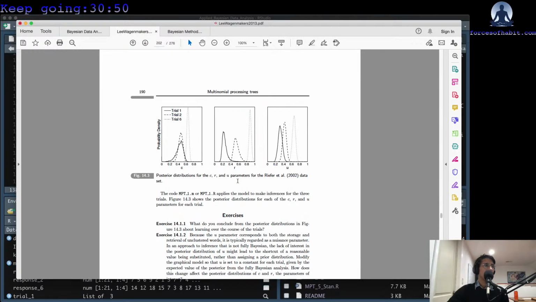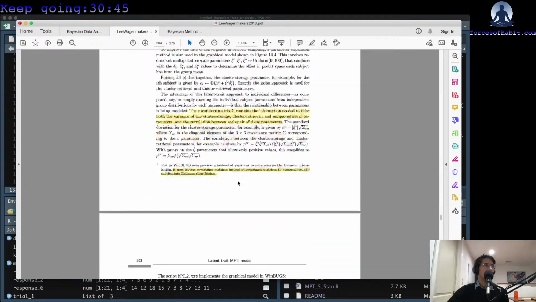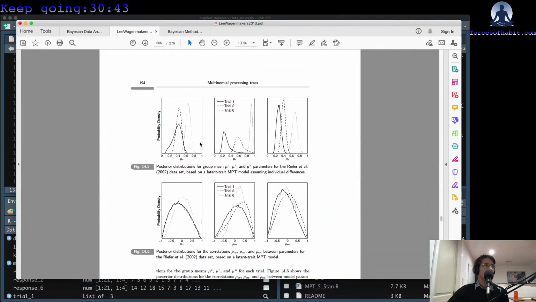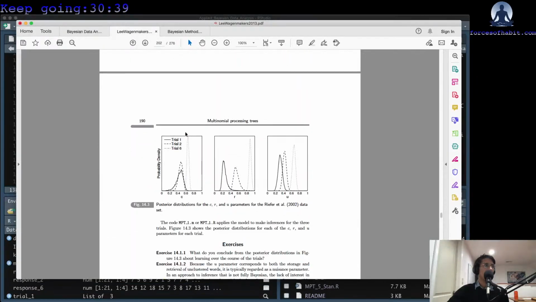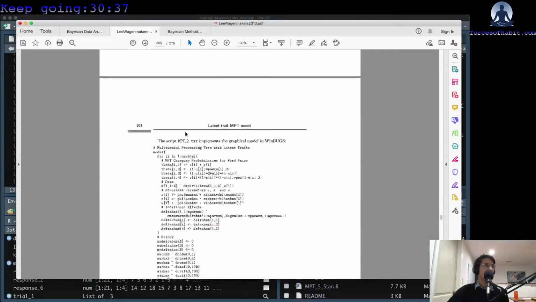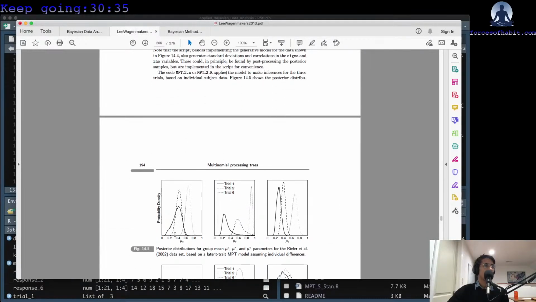Big increase from clusters. Additionally, we see the same thing for the probability of clustering as well.